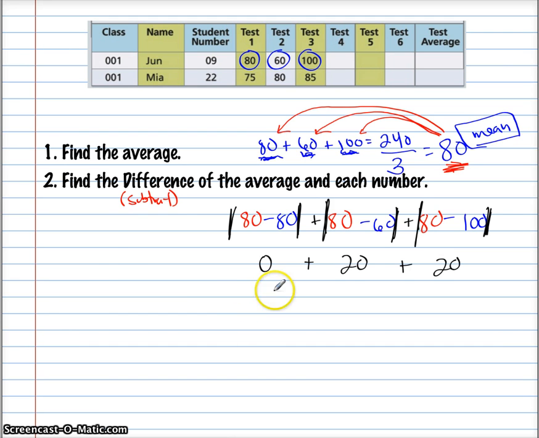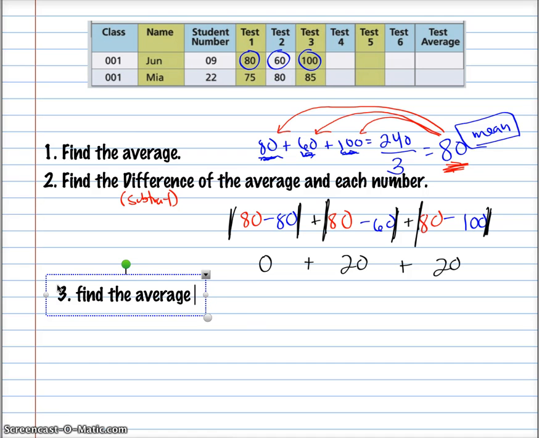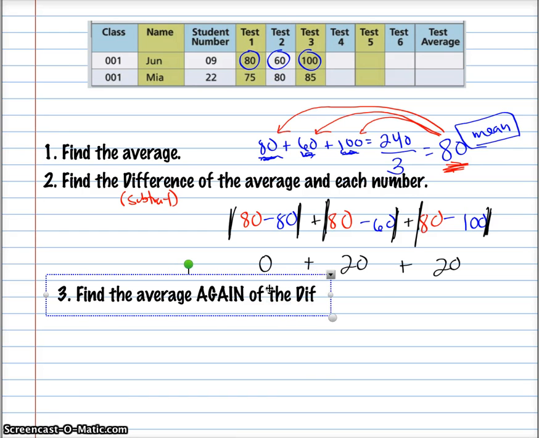Okay. Now I'm going to find the average again. So number 3 is find the average again. Okay, so you need to know how to add and divide a lot. Adding and dividing. So easy. Find the average again of the differences.